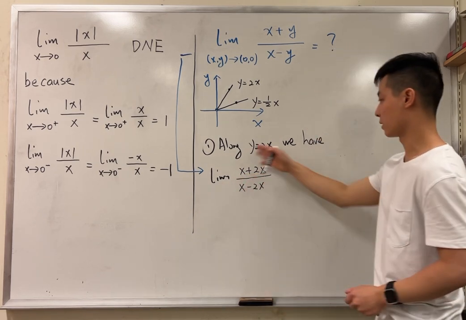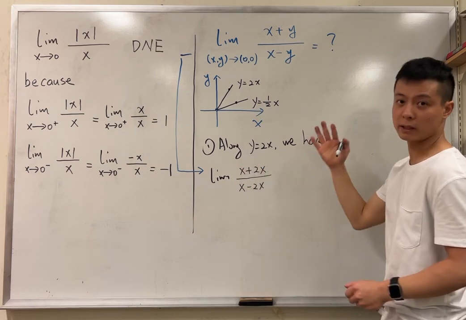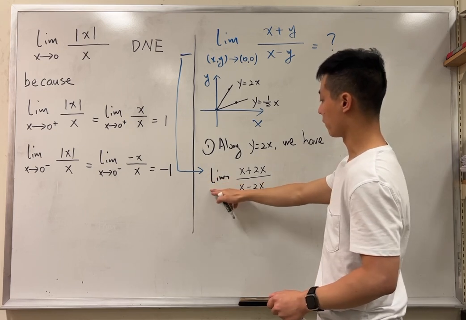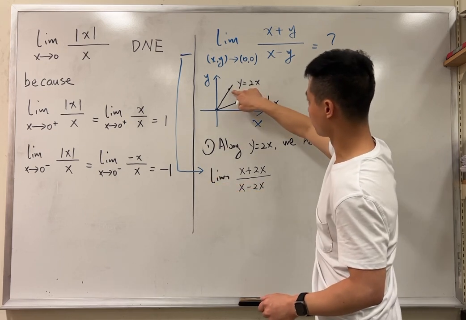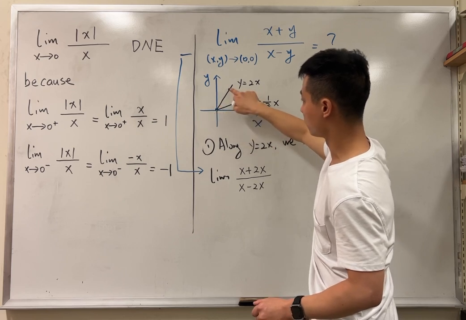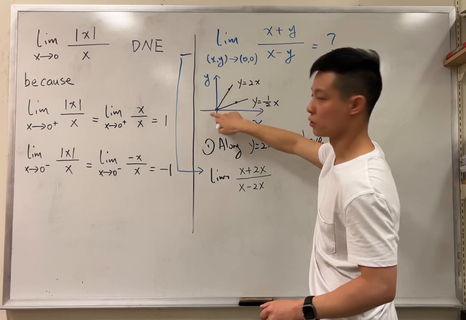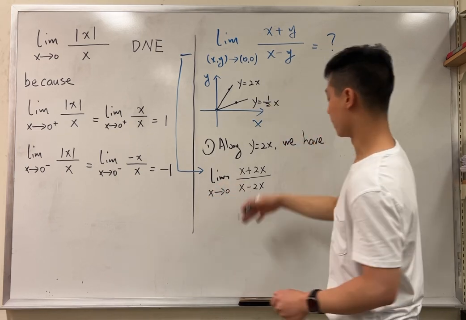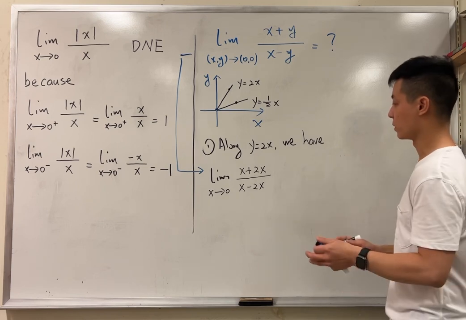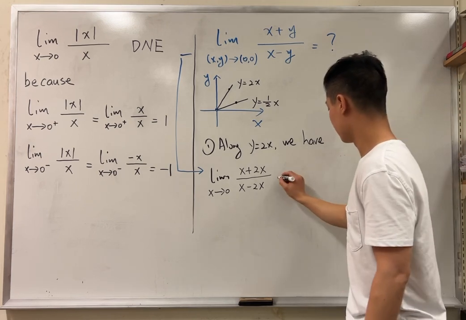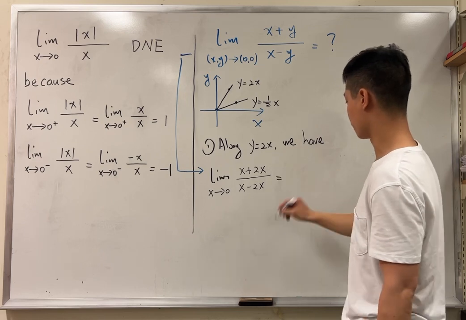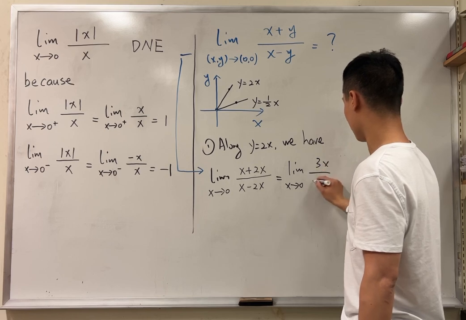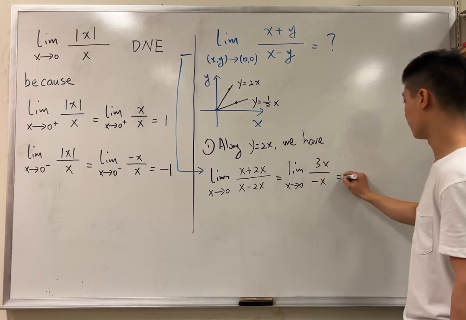And because the expression that we have here is only in terms of x, we can just see where that x goes. As this point approaches 0, 0, we see that the x value is approaching 0. So that is equivalent to just saying x approaches 0, which is a limit of a single variable calculus function. So we can easily calculate this. This is a limit x approaches 0, 3x divided by negative x, which is obviously negative 3.